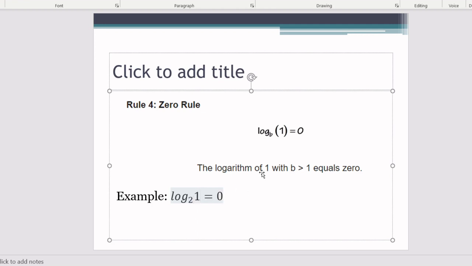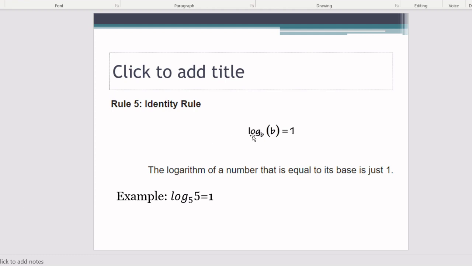The logarithm with base greater than 1 of 1 is always equal to 0. I hope this is clear. No? Okay, how about the identity rule? Obviously, the base and the number in the logarithm are equal. For example, log base 5 of 5, log base 6 of 6, 7 of 7, 8 of 8, is always equivalent to 1. That is called the identity rule.